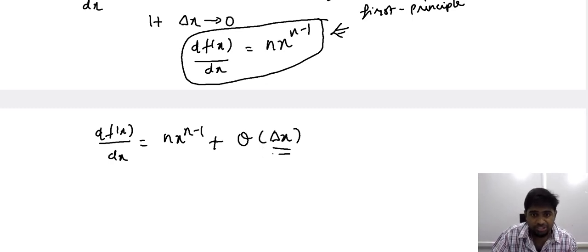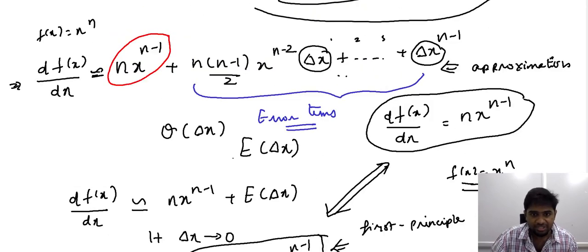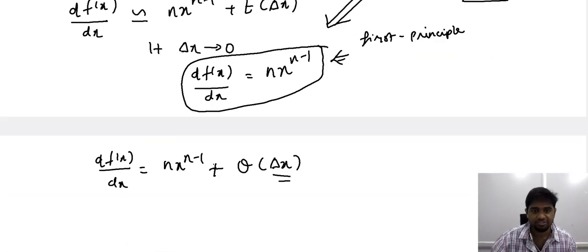So what this particular notation indicates is that all the subsequent terms are dependent on delta x, and the order of the delta x in each and every term keeps on progressively increasing. So therefore it is possible for us to replace the function e delta x with this fancy o delta x. That means the order of the delta x, the variable that governs the error function, increases as you go forward.